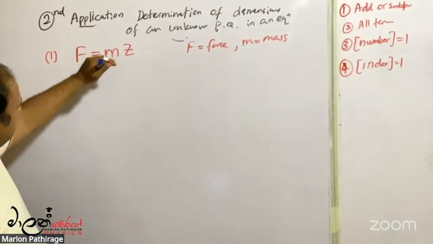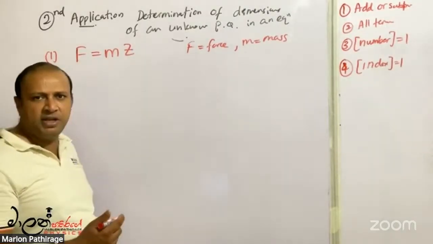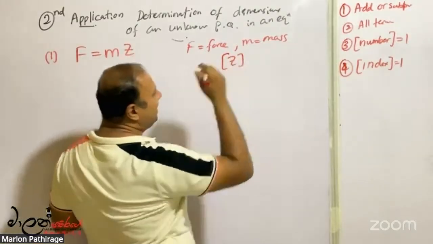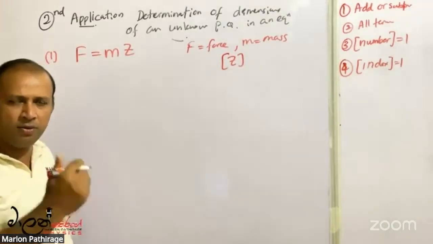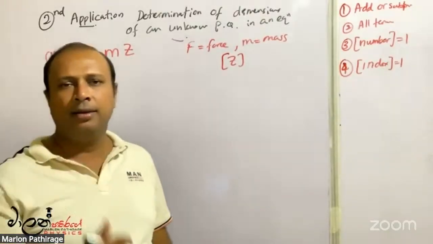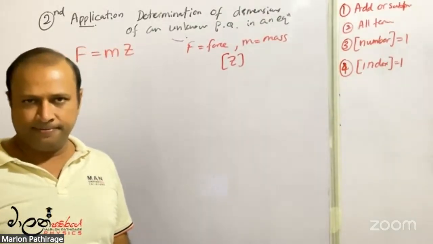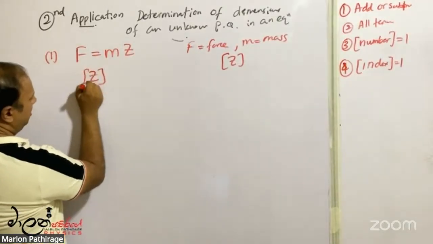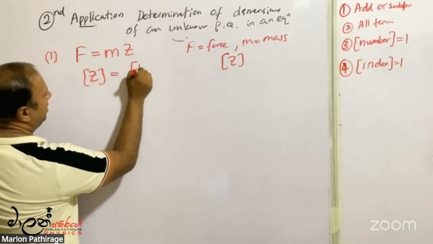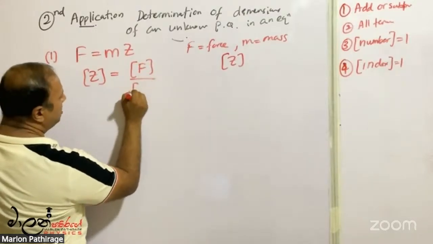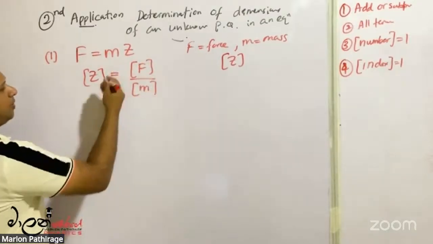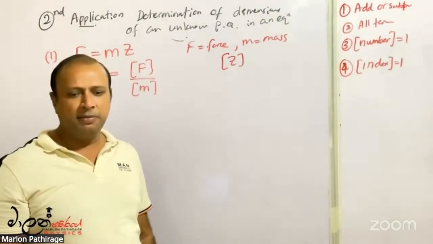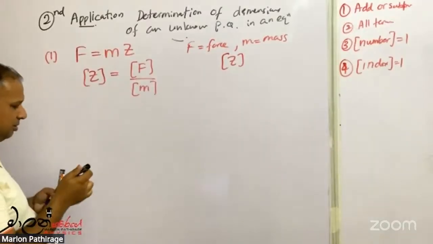Here, you have to determine the dimension of Z. In such cases, you have to subject the particular physical quantity. So if I subject Z, dimension of Z is equal to dimension of F over dimension of m. Now you can apply the dimensions of force and mass into this equation.